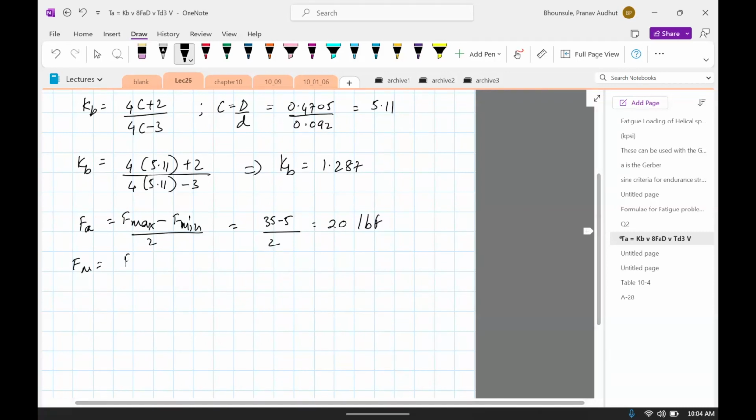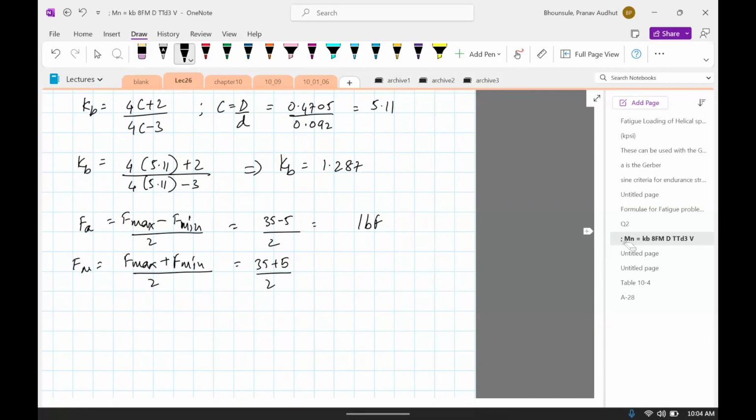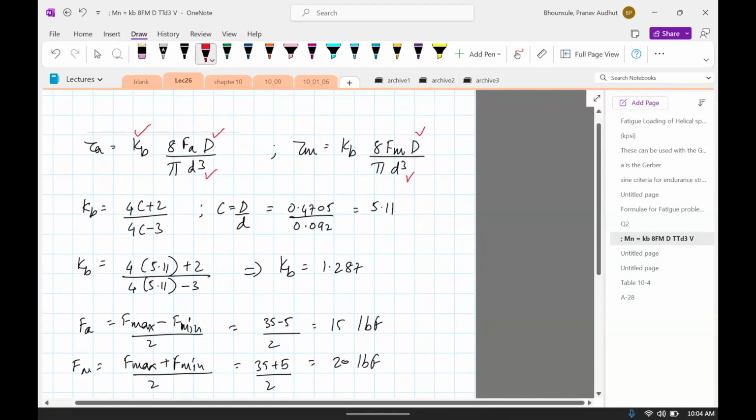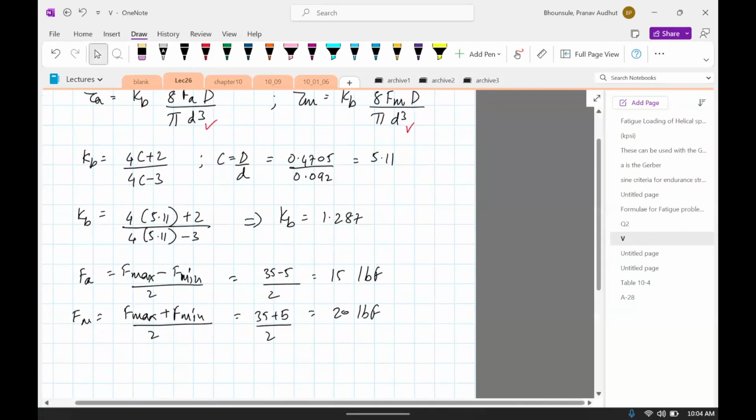And FM, F max plus F min divided by 2, is 35 plus 5 divided by 2, which is 20. Wait, 35 minus 5 is 30, so FA should be 15 and FM should be 20. Okay, so we are all set. We've computed FA, FM. Now all that remains is tau A and tau M.